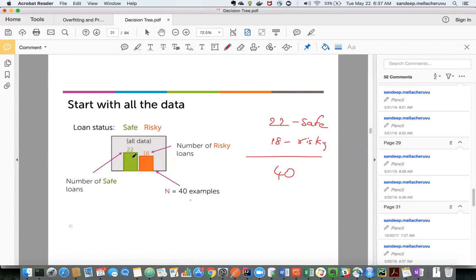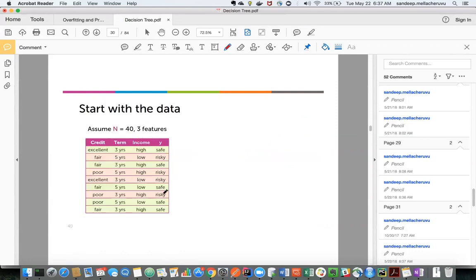At the root node, you know that there are 22 safe loans. You just counted the number of safe loans. The data is like this. You kept on counting: 1, 2, 3, 4, 5. Likewise, you counted the safe loans, and the remaining ones will become risky loans, so that the overall number becomes 40.